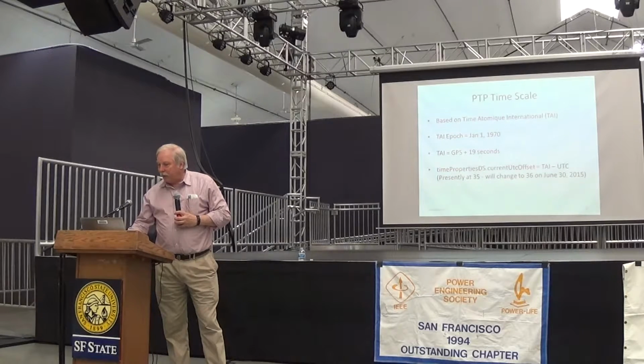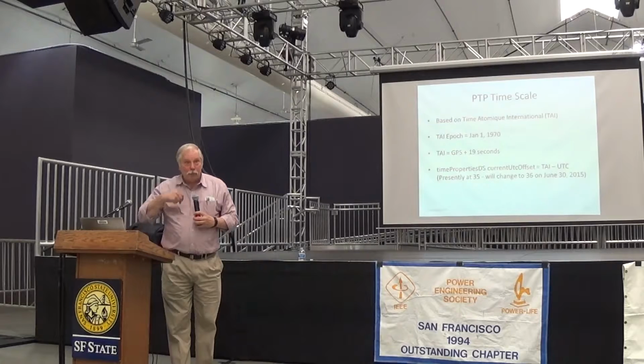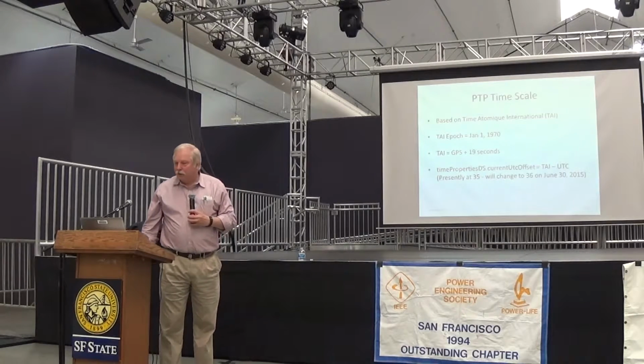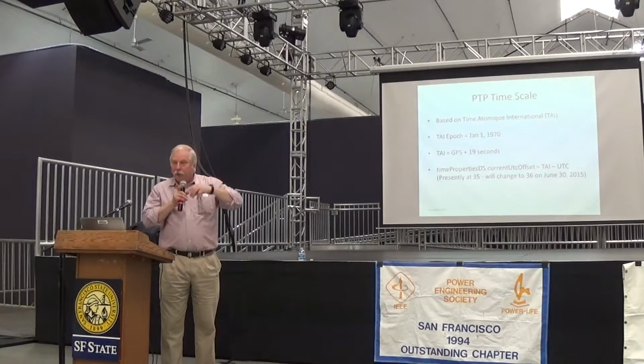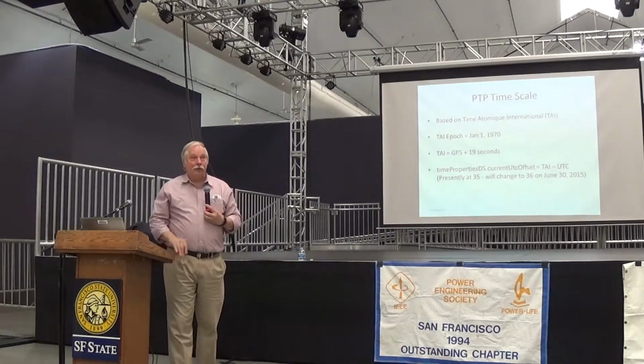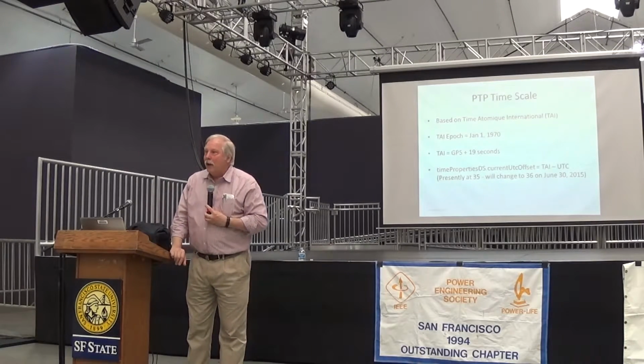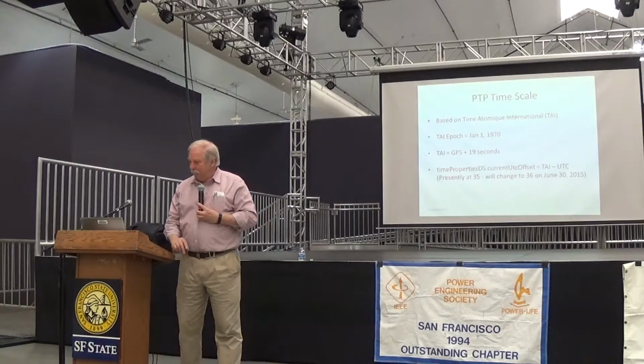Some details. As I mentioned, the epoch of the beginning of counting seconds for TAI is January 1st, 1970. TAI and GPS run in parallel. There is a 19-second difference between GPS time and TAI time.